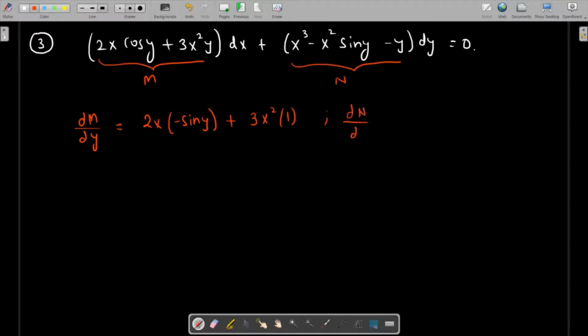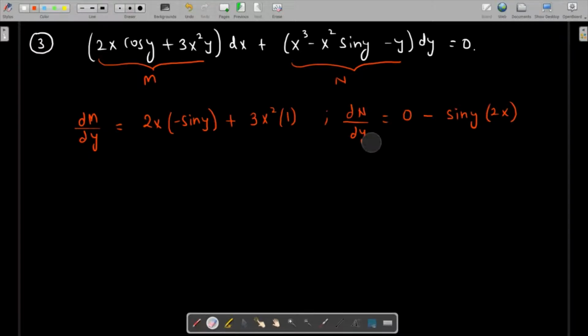Differentiation of N with respect to y is going to be, x would be treated as a constant, so that's going to be 0 minus the x square, where sin y would be treated as a constant, and the x square is differentiated as 2x.